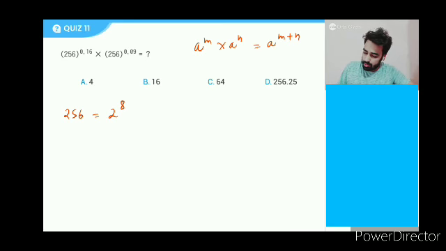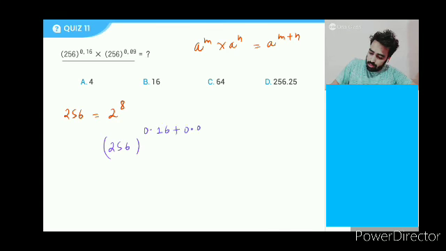Let's finish it. Now try to understand, everyone. I'll write it like this: 256 power 0.16 plus 0.09. So I'll add it. I'll get 256 power 0.25. But what is 256? 256 is 2 power 8.